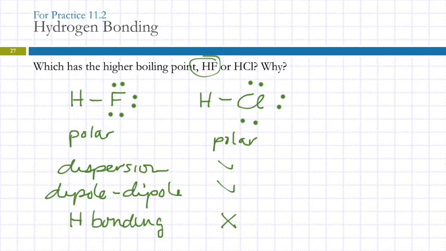Yeah? So anything bonded, not talking about HF, but anything bonded with hydrogen has a higher boiling point? No, not everything bonded with hydrogen has a higher boiling point, because you can have hydrogen in nonpolar molecules. So that's got hydrogen, but this does not have hydrogen bonding. It has bonds between carbon and hydrogen, but those are covalent bonds.